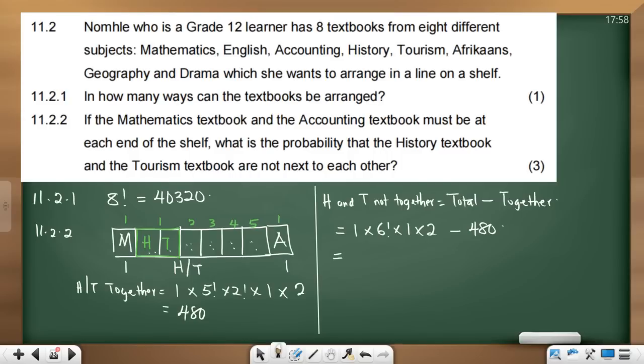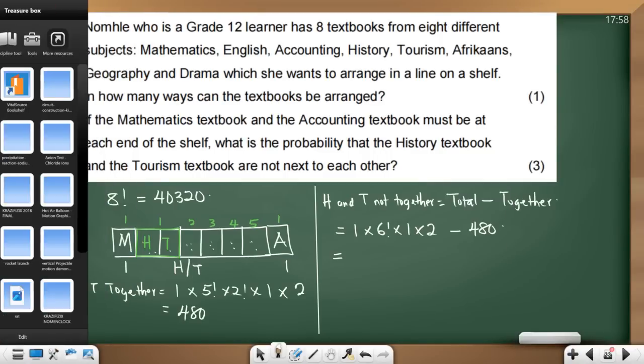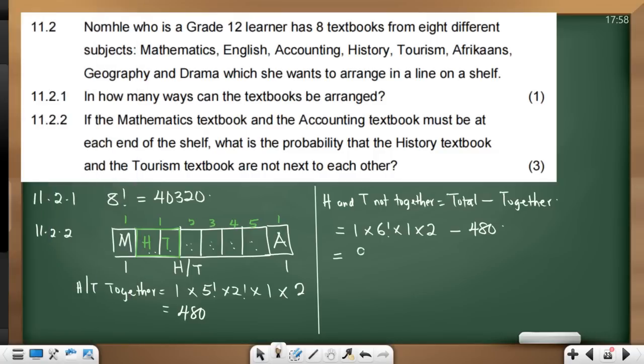Keep in mind you're keeping your maths and your accounting stable, and you can switch them. So this is 6 factorial times 2 minus 480, which is 960. So these are 960 ways.